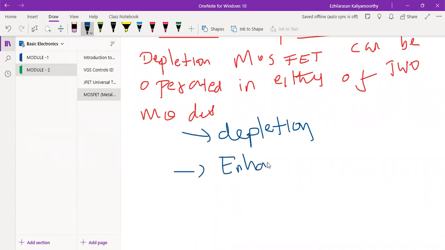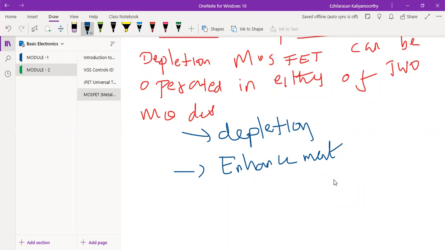See, when you are using the depletion transistor, you can operate it in either depletion mode or enhancement mode. But the enhancement transistor, if you take, you have to operate in enhancement mode only. You cannot operate in depletion mode. You have to keep that in mind. So the depletion transistor alone is sufficient to operate in both modes, the depletion mode as well as the enhancement mode.